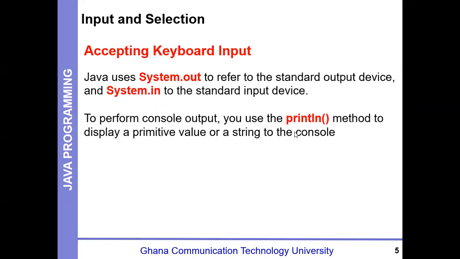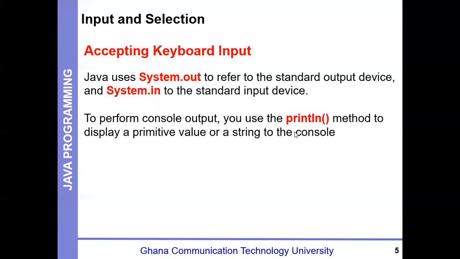We can't use the same System.out, because out is an object that works with methods that output, for now, let's say text onto the screen. So out cannot be the one that will be able to take in information or data. So we need another one that we call System.in.